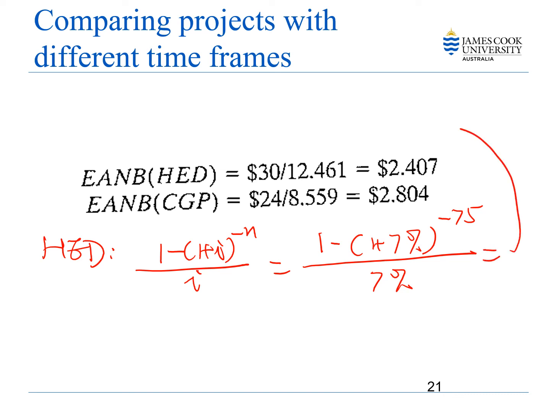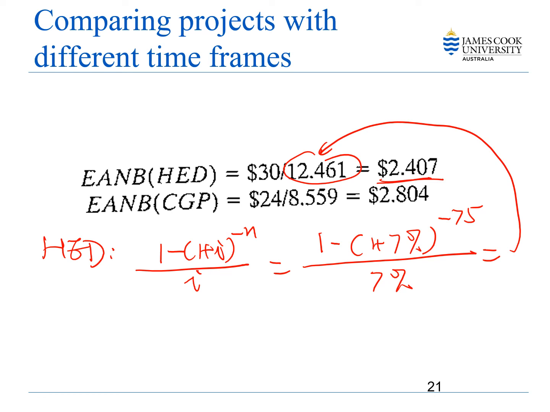And that's equal to 12.461. So the associated annuity is $2.407 million. 30, that's the present value, divided by the annuity factor, we get the per period payment according to that formula.